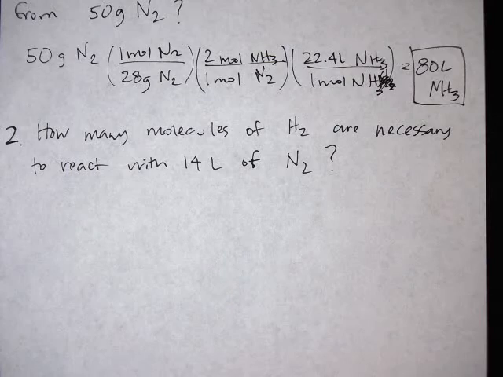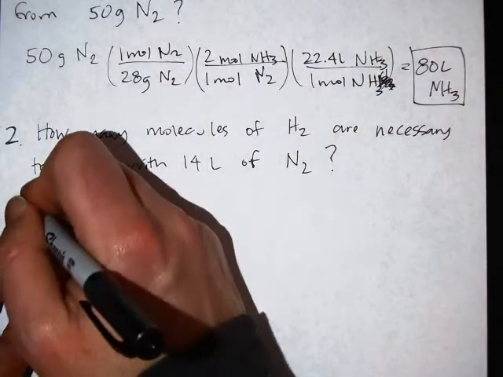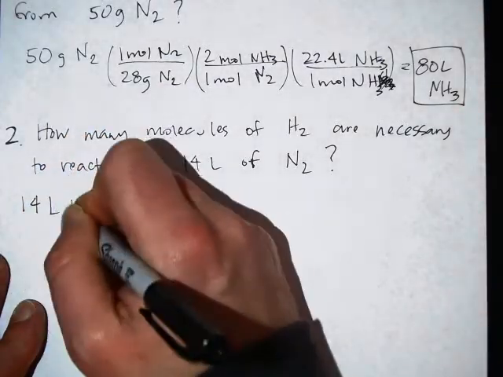All right, here's another problem. How many molecules of H2 are necessary to react with 14 liters of N2? You don't have to write it if you don't want to. But what would you start with to set up? Good answer. You start with liters. 14 liters of nitrogen.